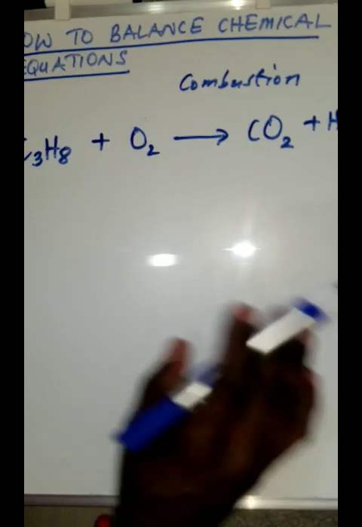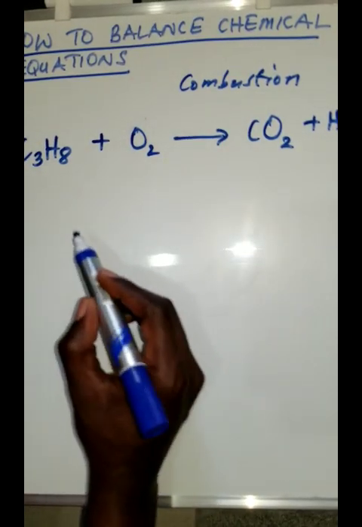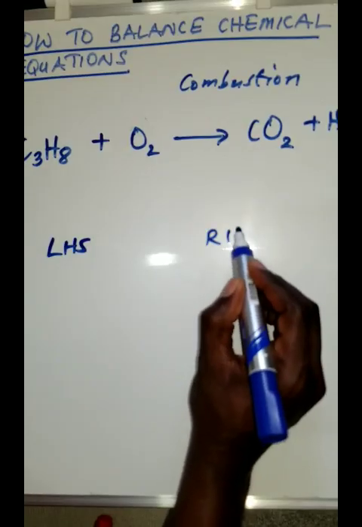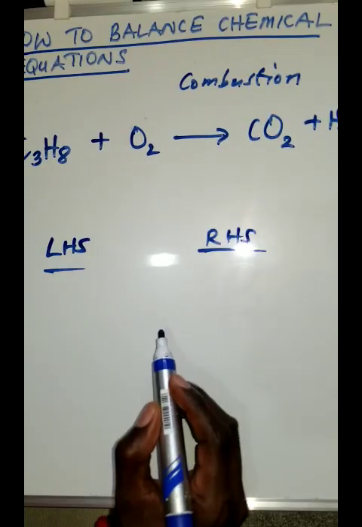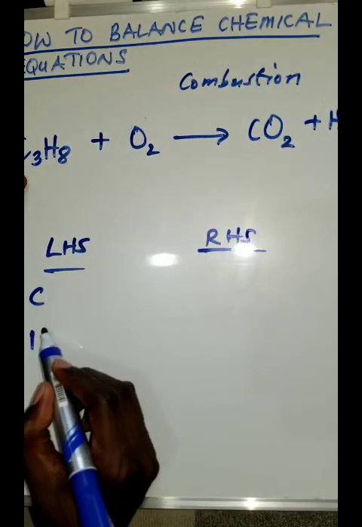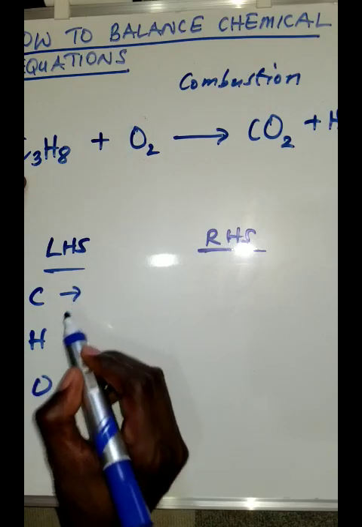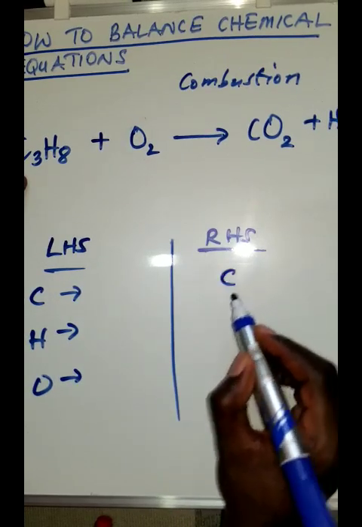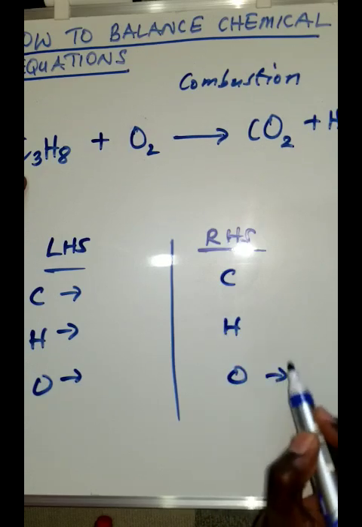So for any combustion reaction that you have, let's look at the left hand side and also the right hand side. In this case, I've got carbon, hydrogen, and oxygen. Then on the right hand side, you are going to have the same elements.